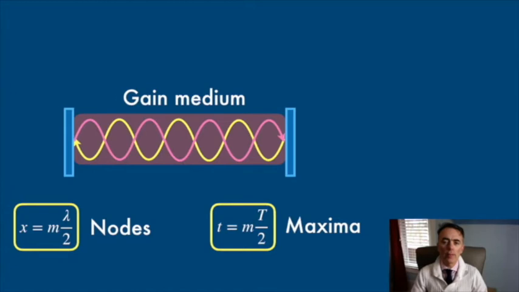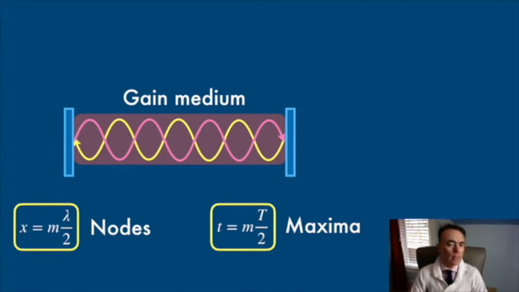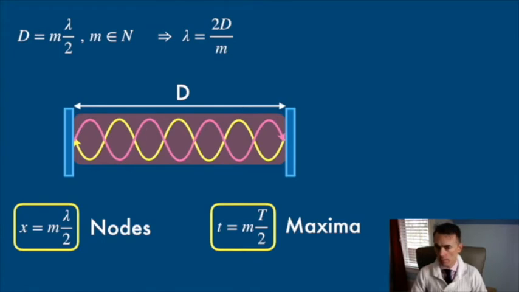To amplify the signal, you want those frequencies to fit in the cavity. So if you have a cavity of separation d, that separation has to be an integer multiple of half the wavelength. So the allowed wavelengths are 2d over m, which gives us allowed frequencies c over lambda, which is mc over 2d.